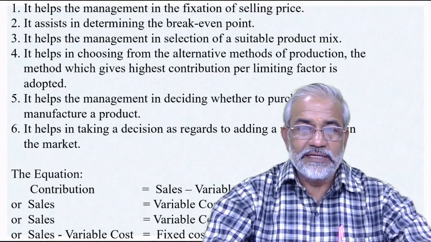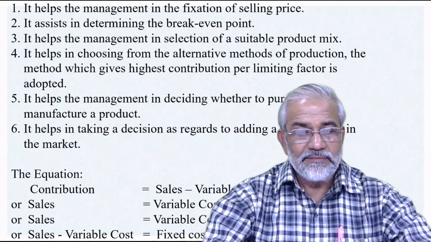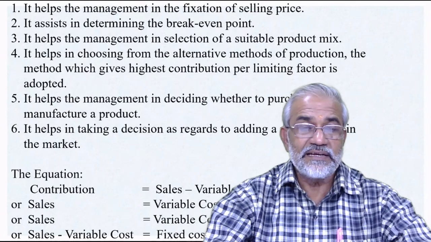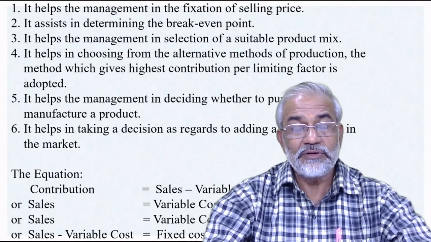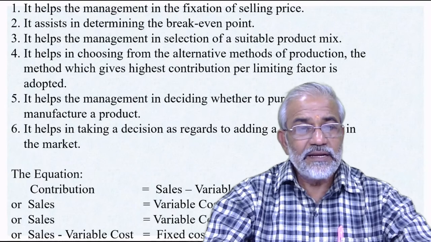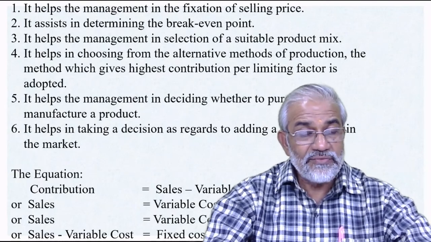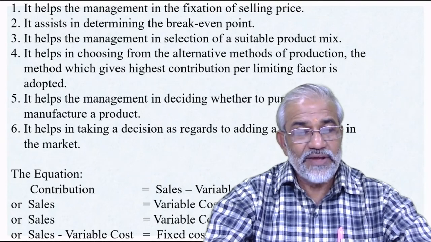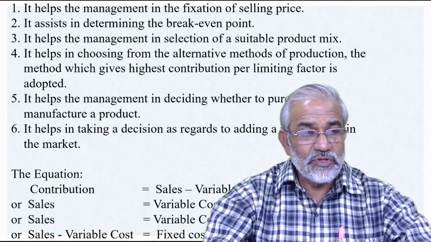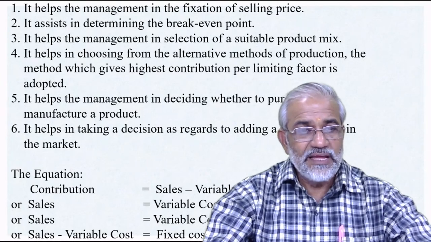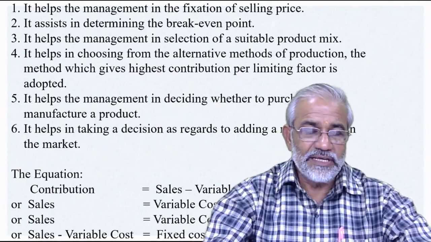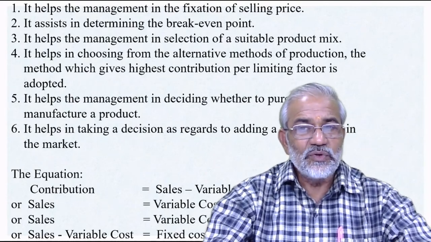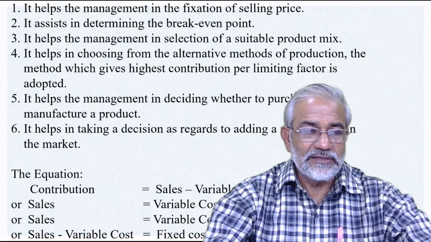If the same cabinet we are able to buy from an outside agency or an outside firm at a lesser price, say at 900 or 800 or 750 or whatever it may be, then it would be better not to produce that cabinet in our factory than to go for buying the cabinet from the other factory and fitting the cabinet to the other parts of the TV and giving it as a finished product. So it helps the management in deciding whether to purchase or manufacture a product.